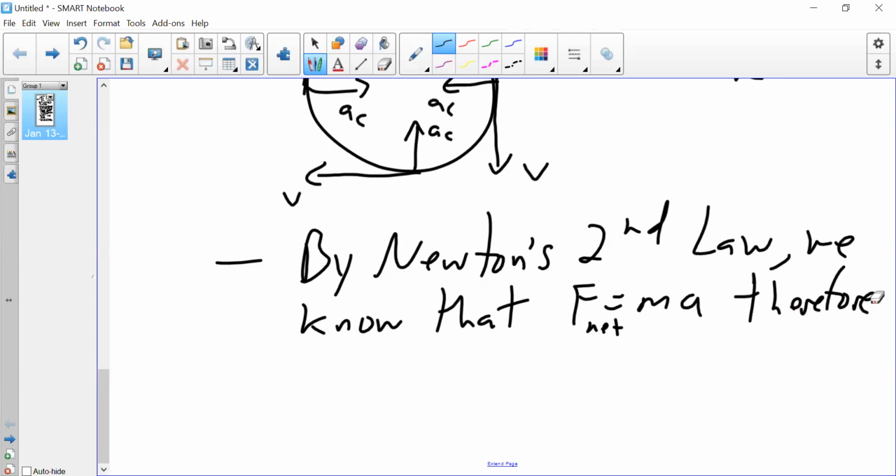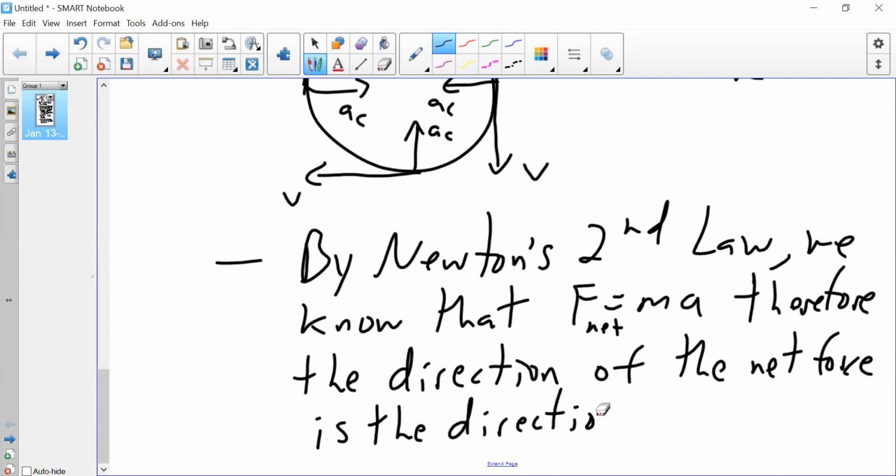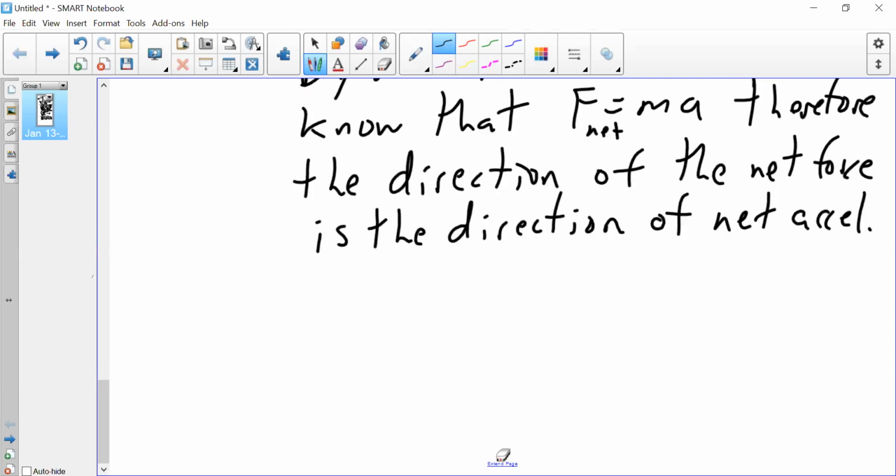Therefore, the direction of the net force is the direction of net acceleration, or just acceleration. They're dependent on each other. You know that this is a directly dependent equation.